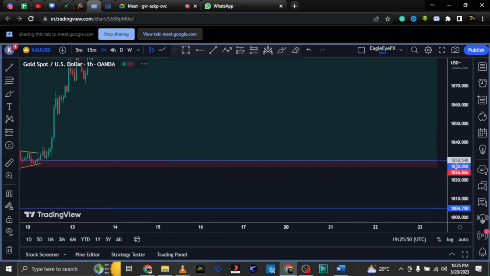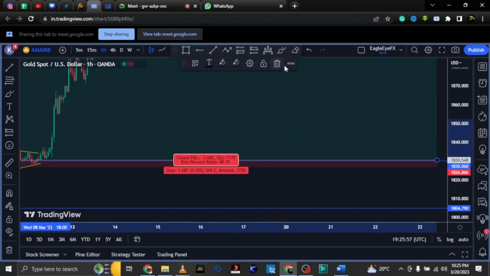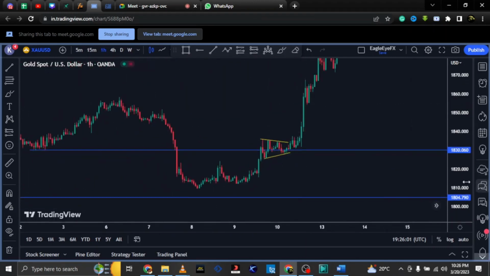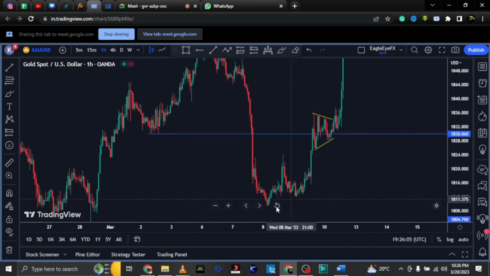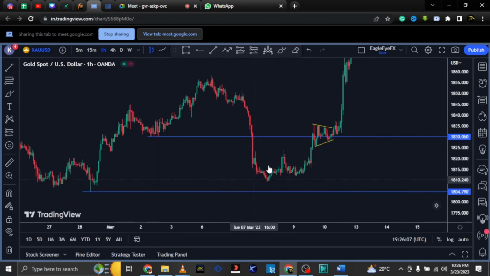Now, what a shock. Let me show you. This was my analysis. Let me hide this. Now look at this analysis over here. This is actually the 1 hour time frame. Well, gold did not complete this.